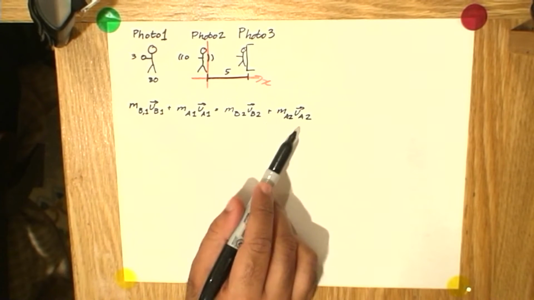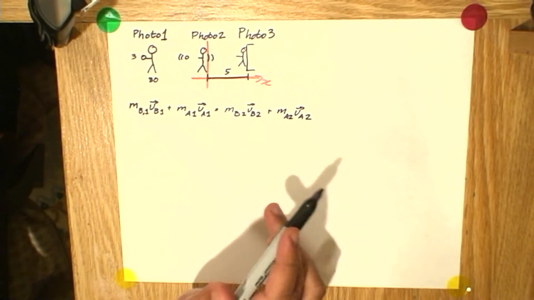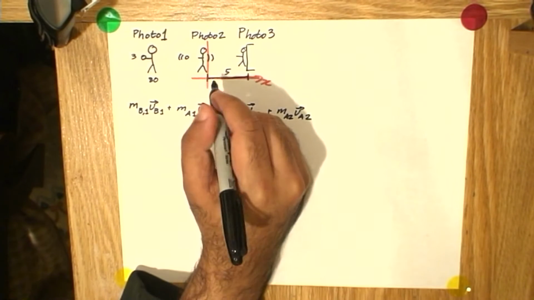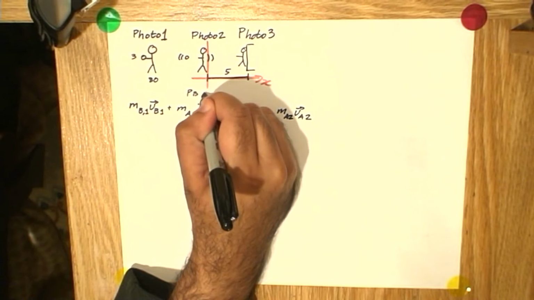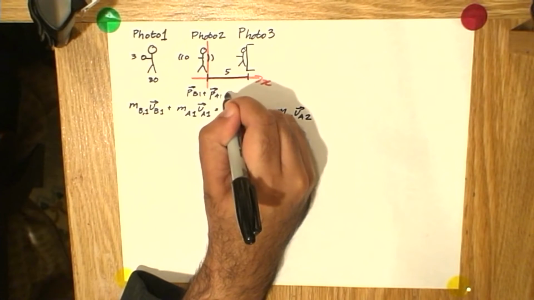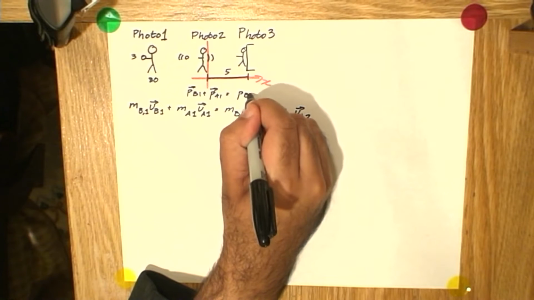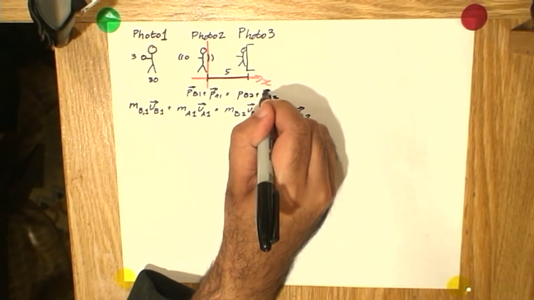So this is conservation of momentum. Remember that conservation of momentum really says that the momentum of each object, in this case, momentum of the ball plus momentum of the astronaut in photo 1 must be equal to momentum of the ball plus momentum of the astronaut in photo 2.